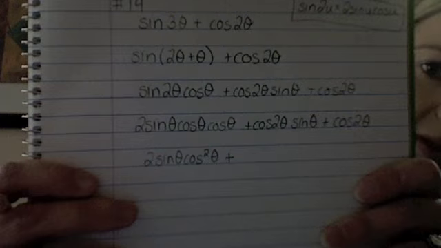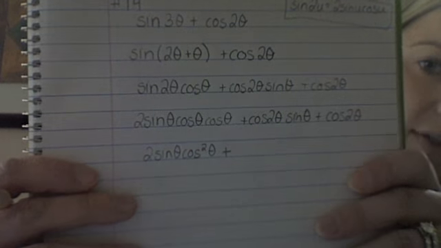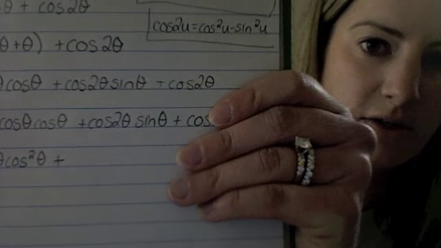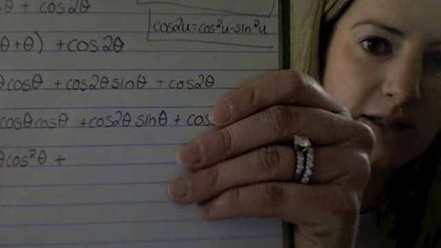Now I need to rewrite cosine 2 theta. If I remember, one of my other double angle identities was that cosine of 2u equals cosine squared u minus sine squared u. This one down here is the last one that I wrote, number 3. Do you see it? Cosine 2u equals cosine squared u minus sine squared u.